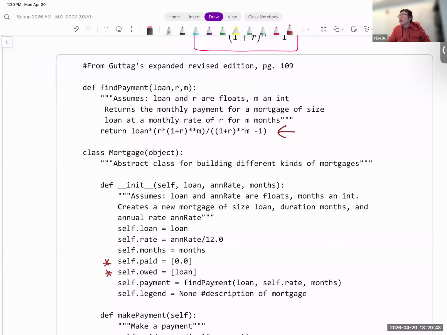Okay, so remember we have three kinds. We have the fixed rate, like a fixed rate 30 years. Fixed rate, fixed number of years. We also have the second type of mortgage, where we buy some points. We pay a certain amount to buy percentages off the interest rate.